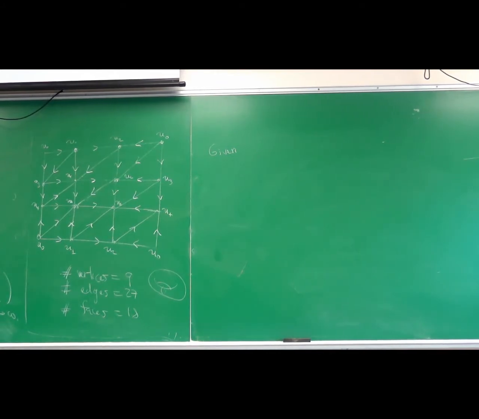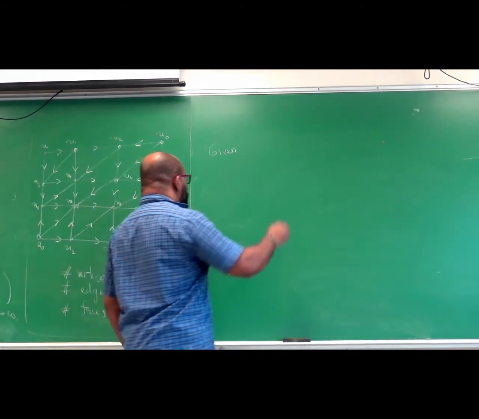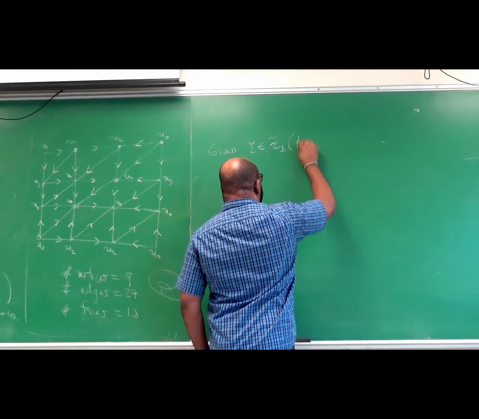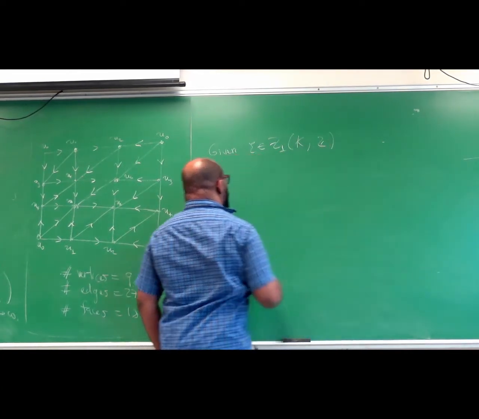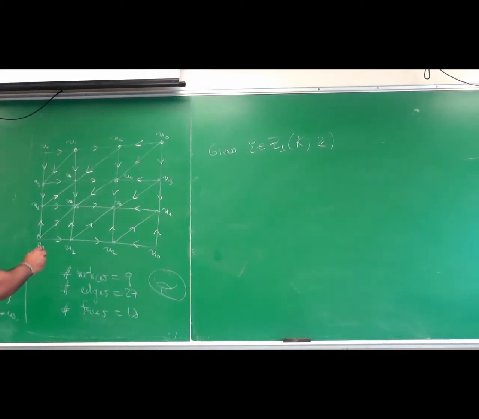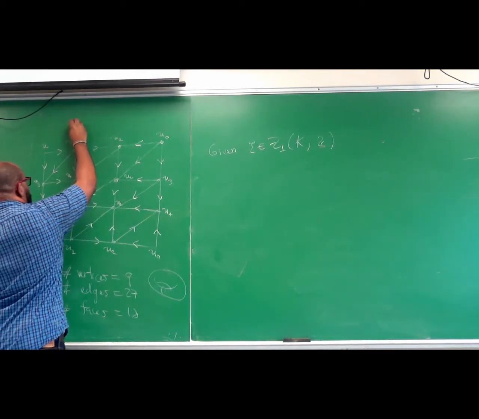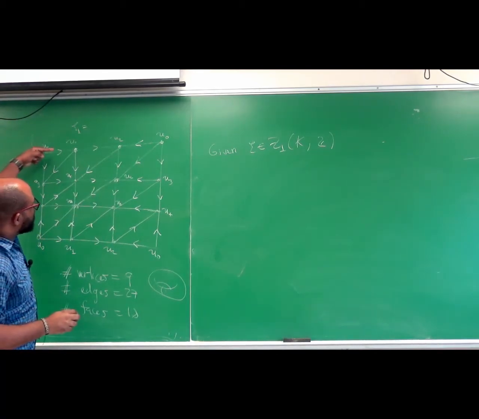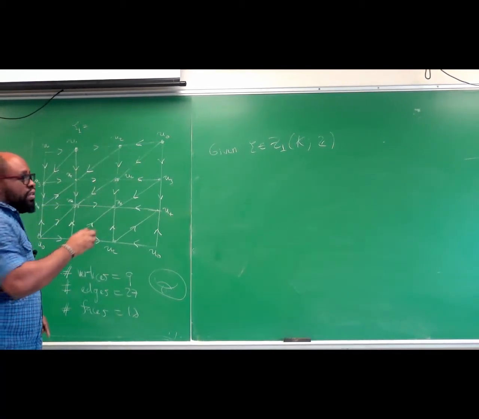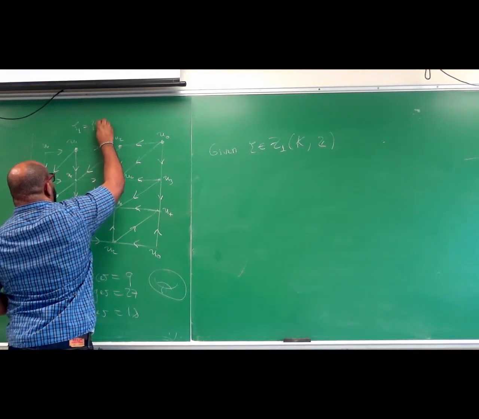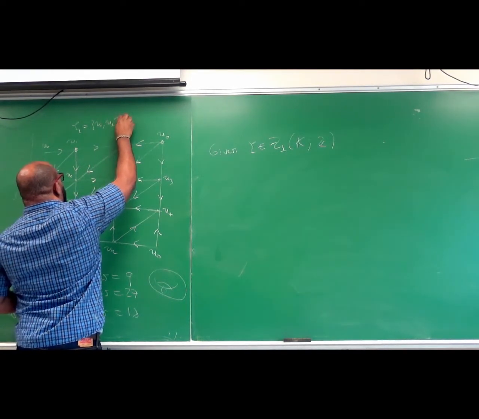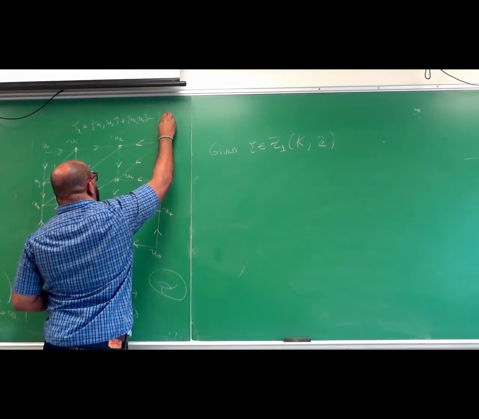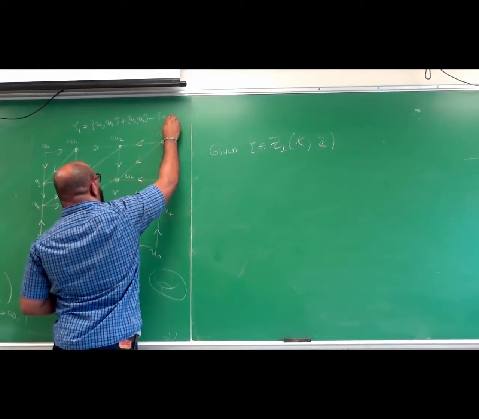Okay, so what we're saying is, given a cycle, we called zeta 1 essentially this cycle going to the right. So it is U0U1 plus U1U2 minus U0U2.